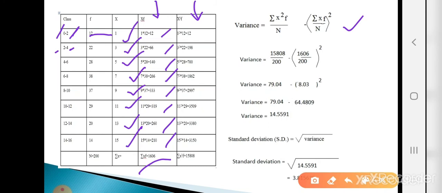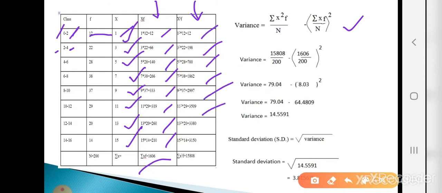Now the last column, x square into f, means just squaring the values of x and then multiplying by the f. So 1 square into 12, that is 12. Then 3 square into 22, that is 198. Then 5 square into 28, that is 700. Then 7 square into 38, that is 1862. Then 9 square into 37, that is 2997.